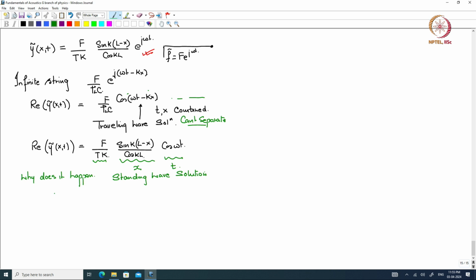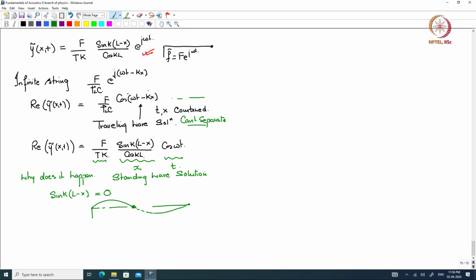Suppose sin k(L minus x) is 0 at some point. That means I am driving a string, this is my string, this is fixed, and the response is something, and there is in space a 0.